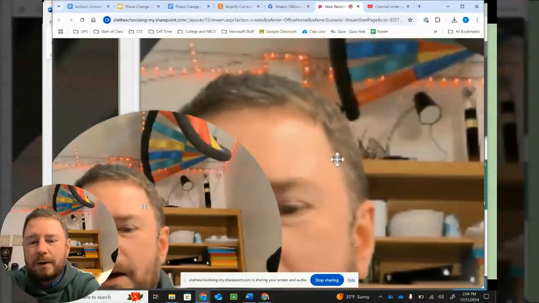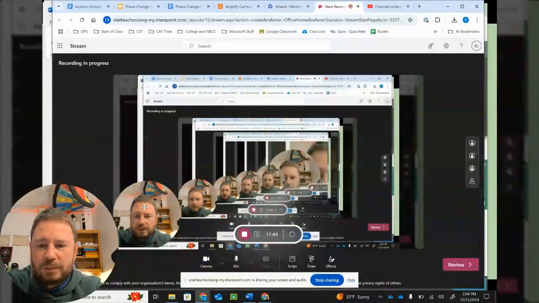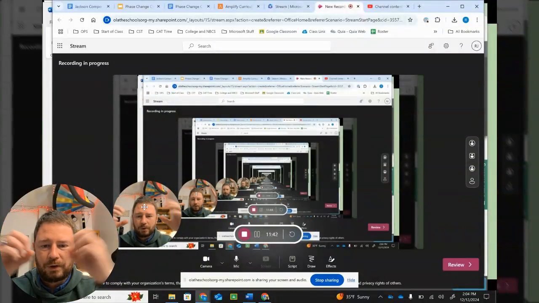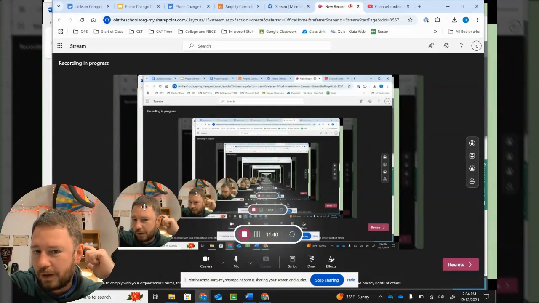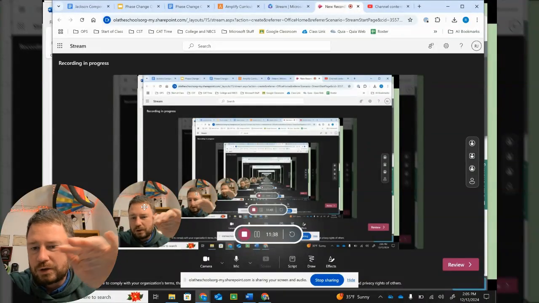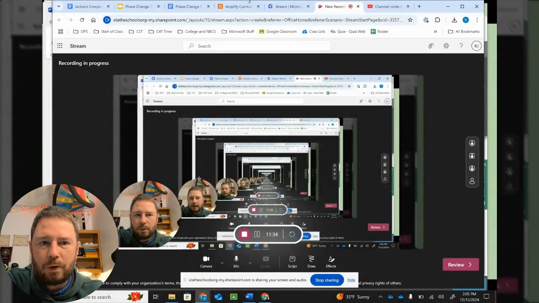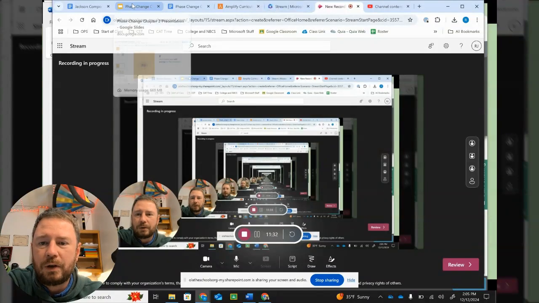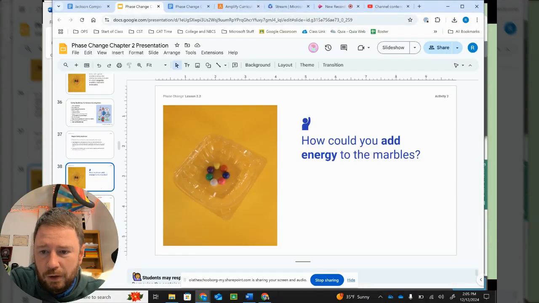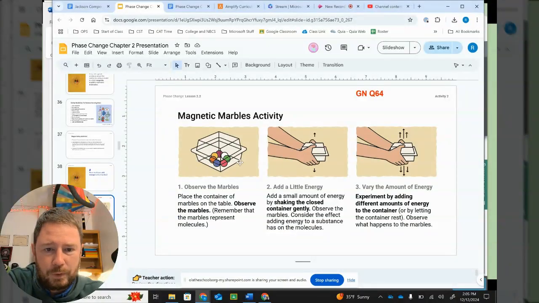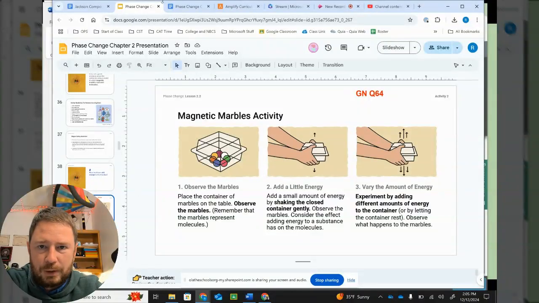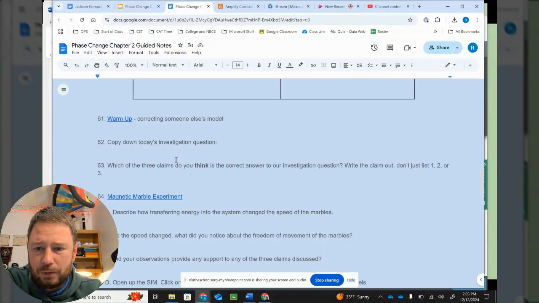So if you add enough energy, they end up expanding outwards to fill the whole container because they start bouncing around severely. You add a little energy and they can just mix together. That's like a liquid. You add a lot of energy and they expand outwards and take up the whole space of the container. So I'm going to go ahead and do this activity. You're going to try shaking a little bit, adding a little energy, adding a lot of energy, and experimenting to see what happens to the molecules.